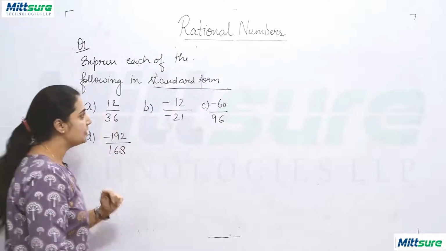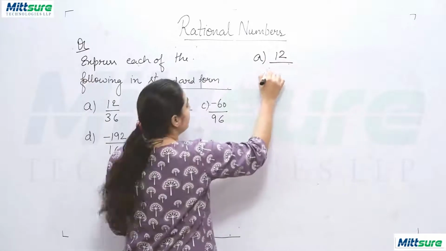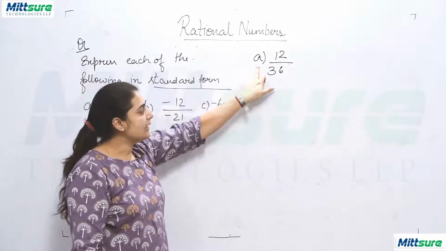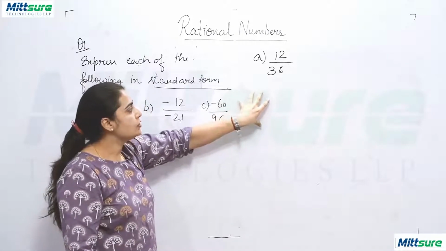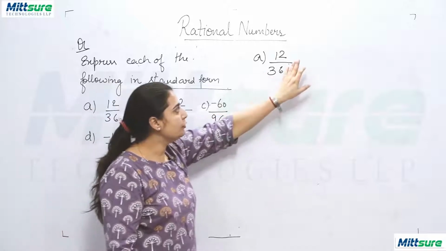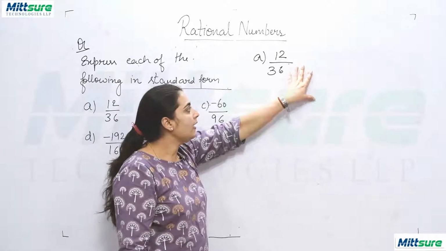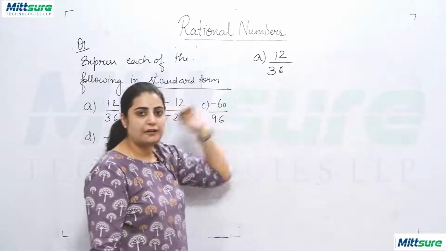Let's see the first question, that is 12 upon 36. Now, when we find out the HCF of 12 and 36, that highest common factor will be used to divide both numerator and denominator, and we will eventually get the simplest form of this fraction.